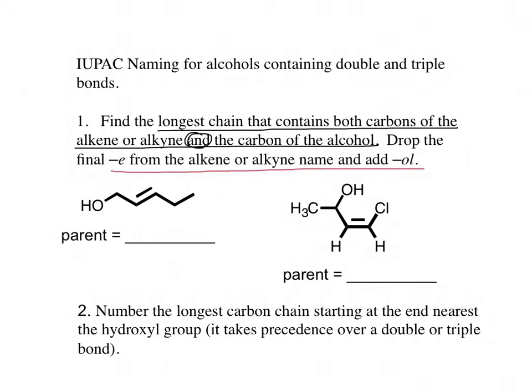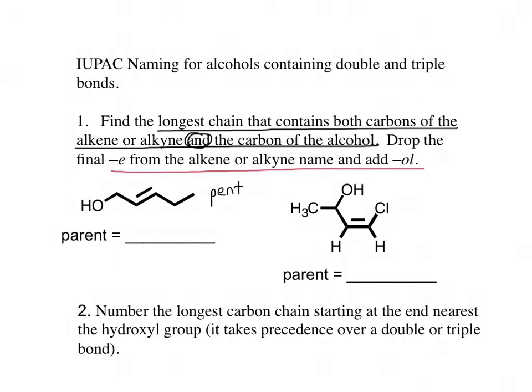So let's go ahead and do this first example. Taking a look at this, the parent is obvious. There's one chain. So let's figure out how many carbons there are. We have 1, 2, 3, 4, 5. So the actual name is going to be based on pentane.